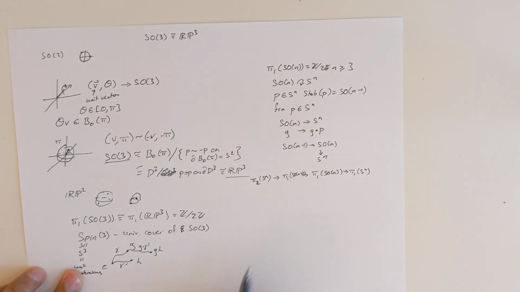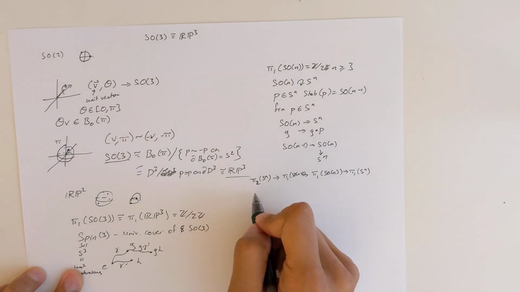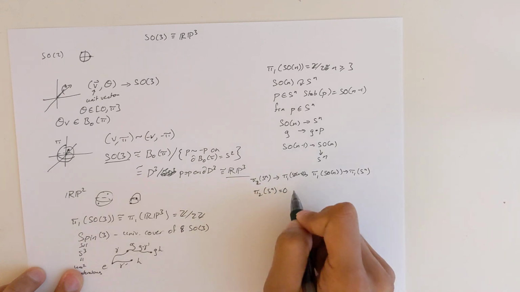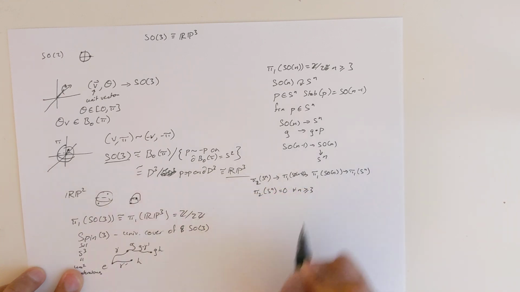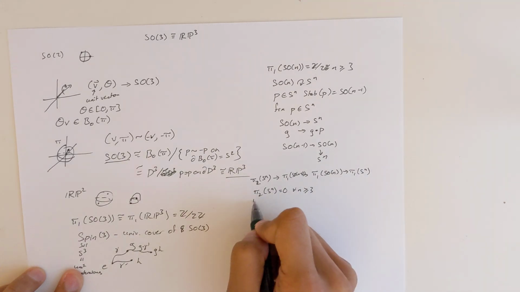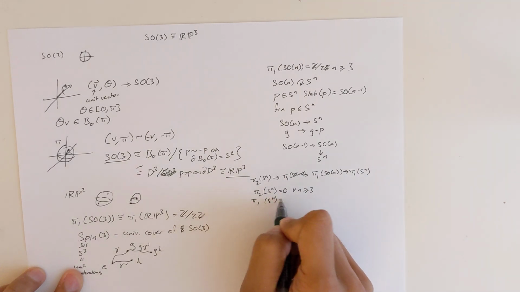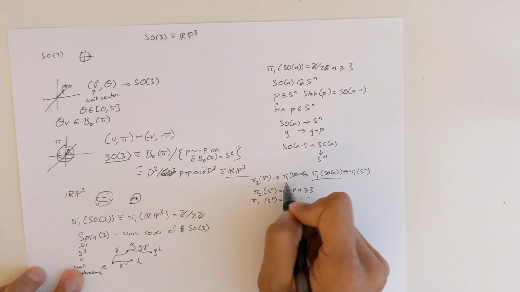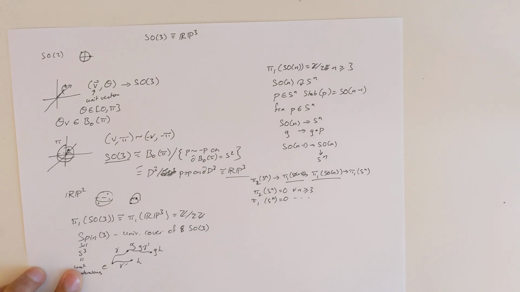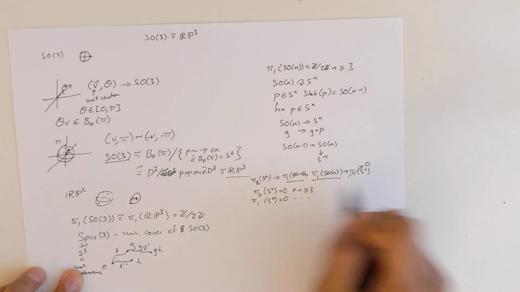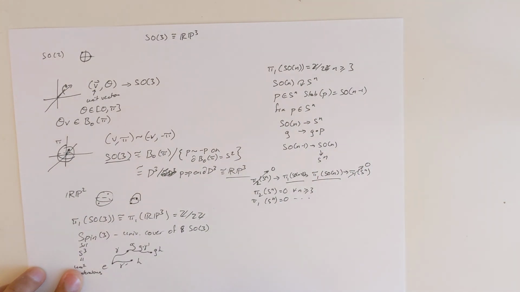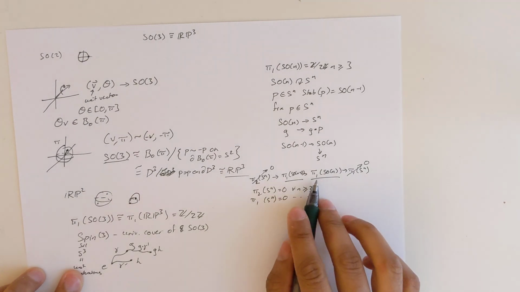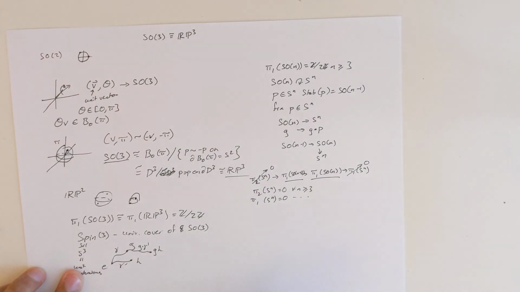And now, because we're assuming n is greater than or equal to 3, we know that pi2 of S^n is equal to 0 for all n greater than or equal to 3, and also pi1 of S^n is equal to 0 for the same thing. And so that tells you that pi1 of SO(n) and pi1 of SO(n-1) must be isomorphic because the two ends of this exact sequence are both 0. And this concludes that pi1 of SO(n) is equal to Z mod 2 for n greater than or equal to 3.